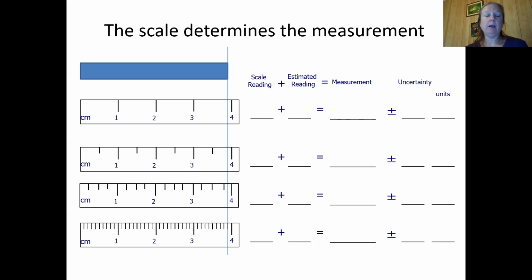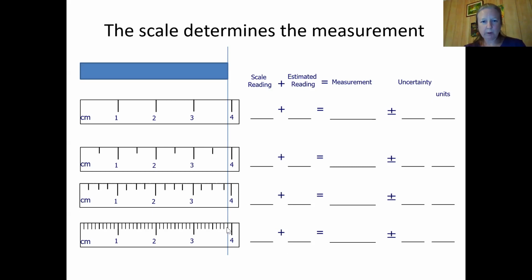So my precision just increased because of the precision of my measuring device. Now, my major is still 1 centimeter. My minor is 0.1 centimeter. So now my uncertainty is 0.01. You notice the uncertainty is getting smaller and smaller and smaller, which means that narrow window of what the measurement is getting tinier and tinier. You're getting more precise.